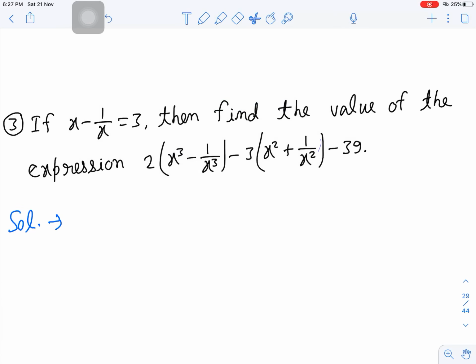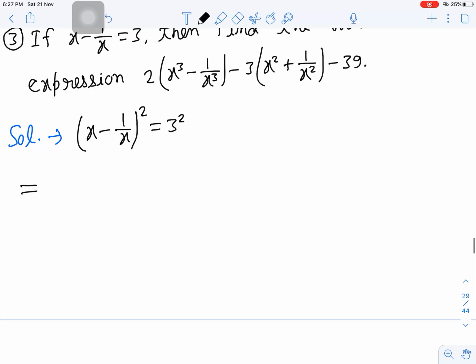Now for x square plus 1 by x square, we need to do the whole square on both the sides. So x minus 1 by x is equal to 3. If we do the whole square on both the sides, you know what a minus b whole square is: a square, which is x square, plus b square, which is 1 by x square, minus 2ab.